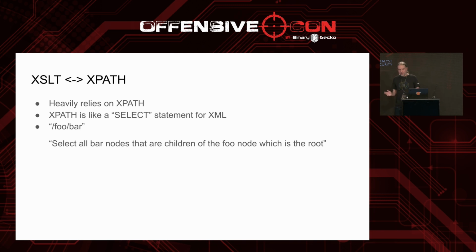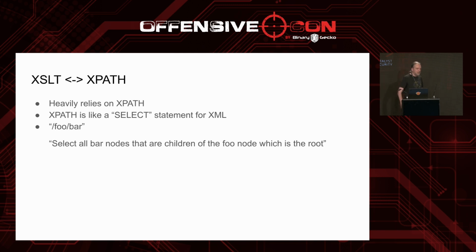And in order to really explain or say anything about XSLT, I really need to mention XPath first, because XPath is used everywhere inside XSLT. And what XPath is, in case you didn't encounter it before, it's like a SQL select statement, but for XML.